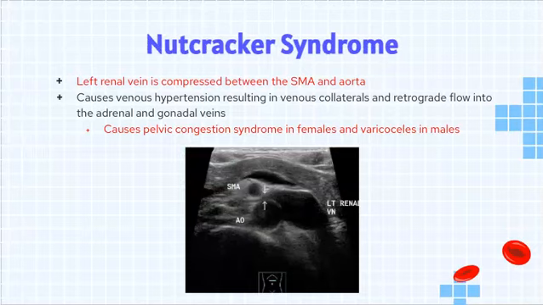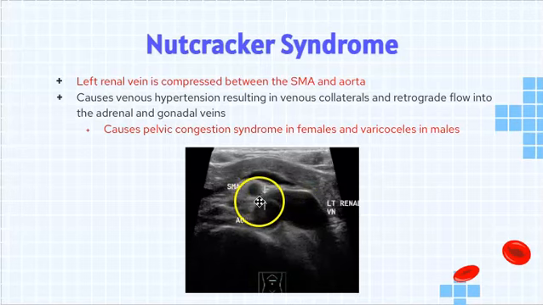Nutcracker syndrome is another thing that can occur with the aorta. It actually doesn't involve the aorta itself, but it's the left renal vein being compressed between the SMA and the aorta. So here's our aorta here, our SMA here, and then this is our left renal vein. The left renal vein can become engorged due to the compression of the vessel.